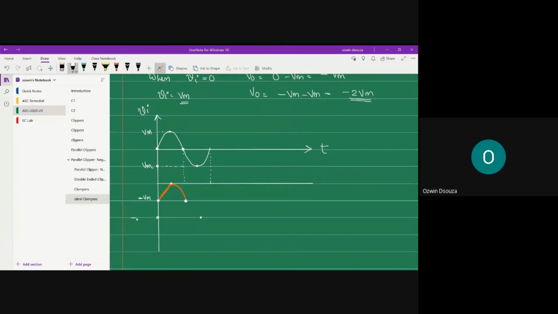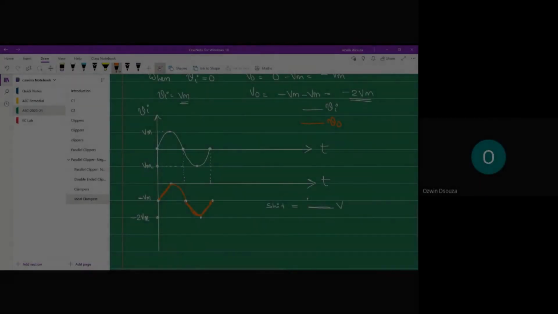Once again, when the input becomes 0, the output stays at minus Vm volts level. So this is your output.